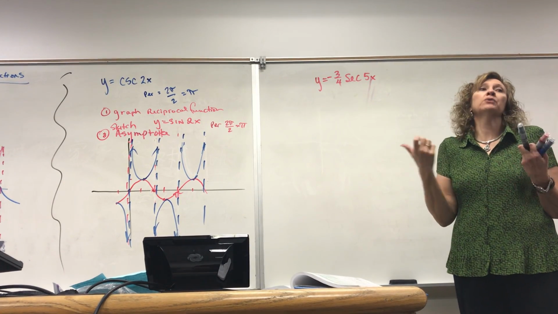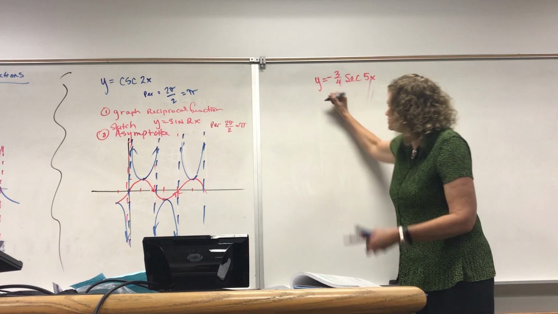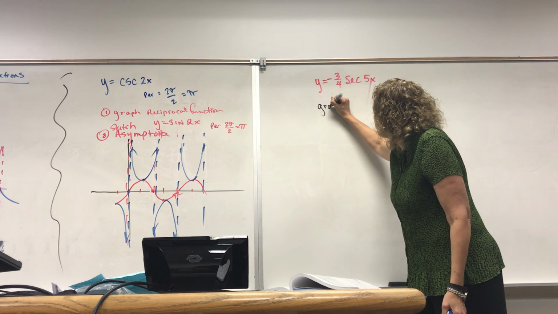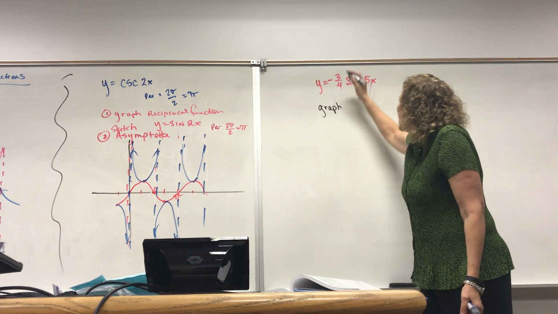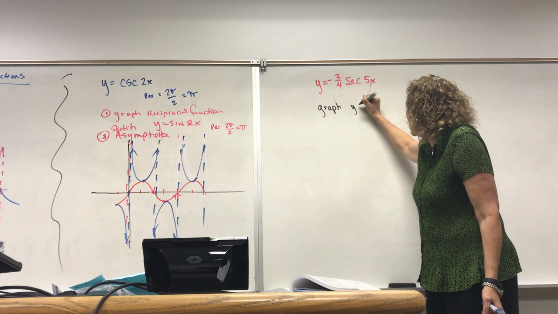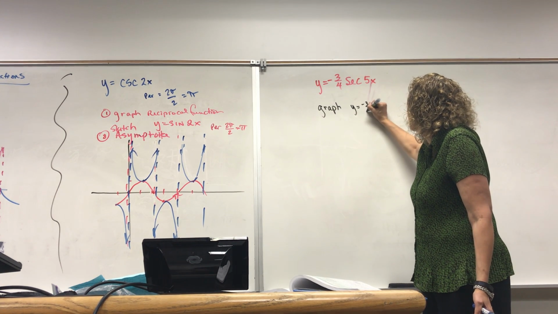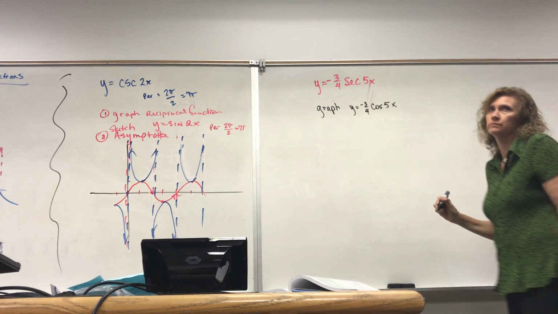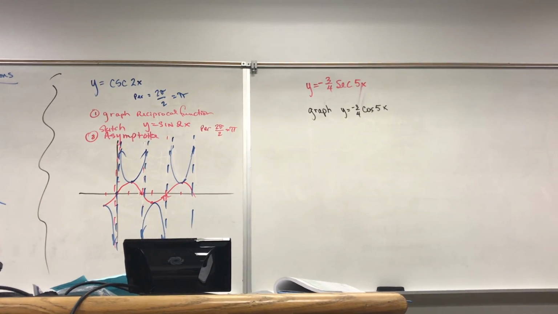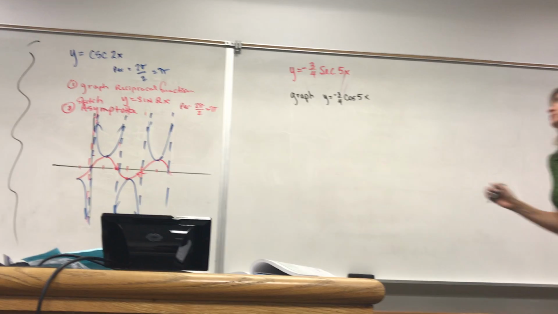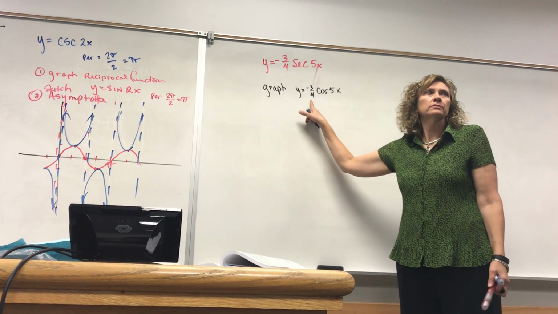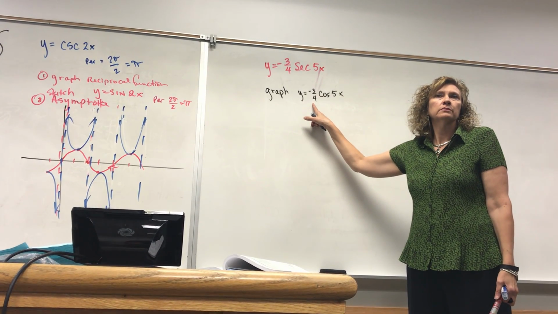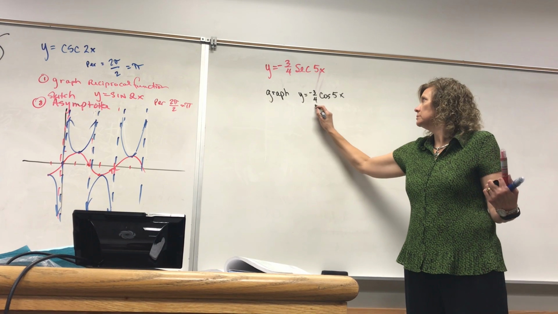What are we going to graph first? Cosine. And we're going to graph everything. Y equals negative 3/4 cosine 5x. So 3/4 is the amplitude.